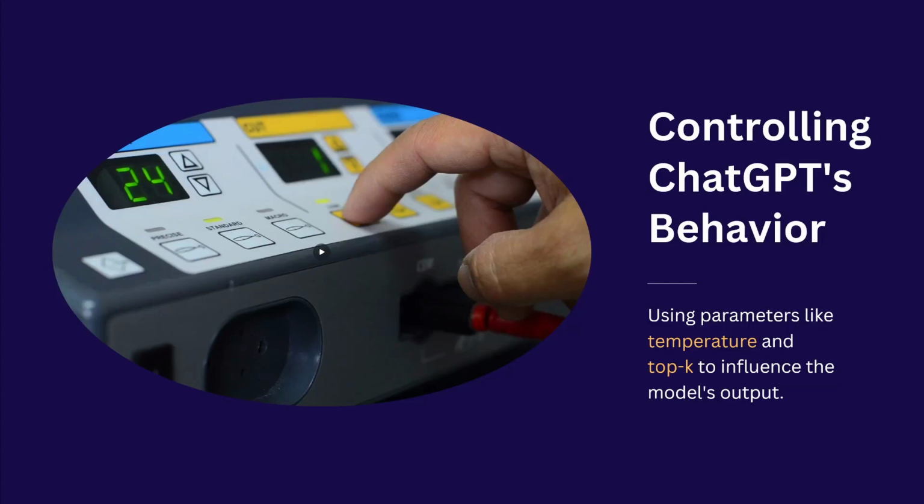Top K sampling limits the model's output to the K most likely tokens at each step. This way, we provide a balance between diversity and coherence in the generated text.